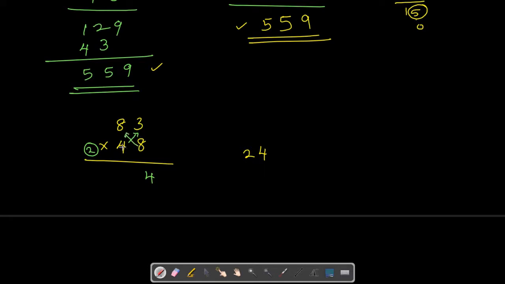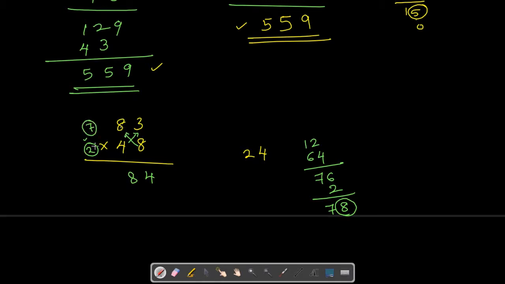So 4 times 3 is 12, and 8 times 8 is 64, which is nothing but 76. I also have a carry forward 2, so I'll add this 2 here, which gives me 78. Now I'll take this 8 here and 7 will go as my carry forward.